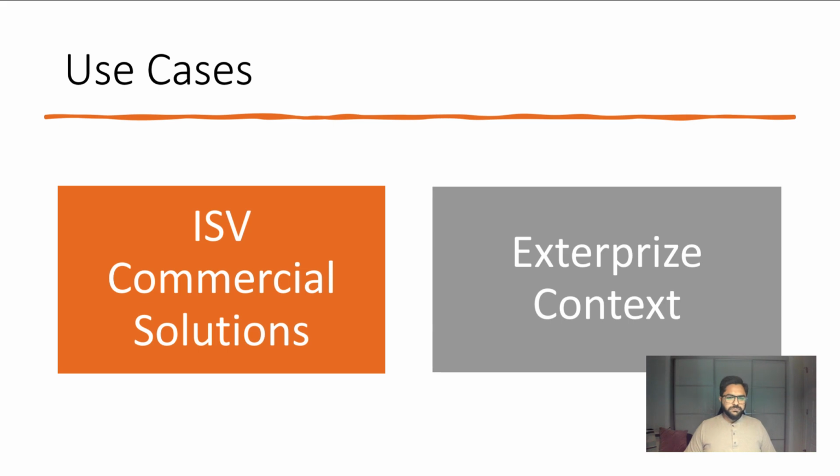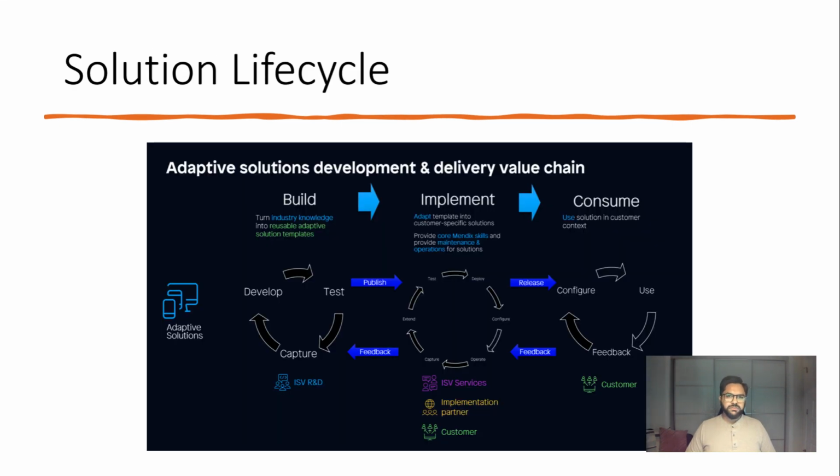And the solution has a life cycle. You first build the core application, or someone builds a core application, extracts a solution out of it, and then that's consumed by a customer, or by a department in an enterprise, however you built it. Building is basically turning industry knowledge, or whatever knowledge we have, into a core, a reusable adaptable solution.